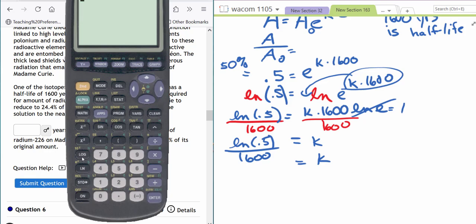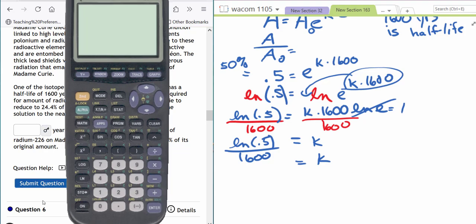So, natural log of 0.5 divided by 1600, enter. And we did get it in scientific notation. We don't really want that. We want to switch that over and just have a decimal. So I'm going to write some of that here. Sorry about that.